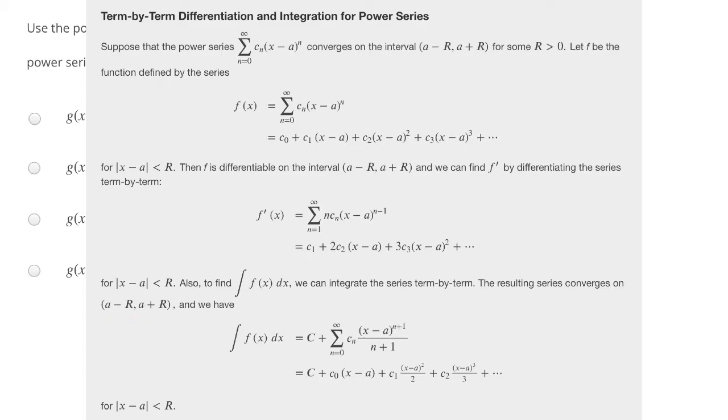We maintain the same interval of convergence that we had for the original power series. So the punchline is we can differentiate term by term, and we can integrate term by term, and it maintains the same interval of convergence as the original power series. These are two really powerful techniques that we can keep in mind, and that's exactly what we're going to use in this case.